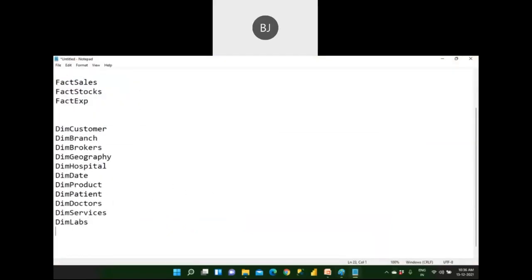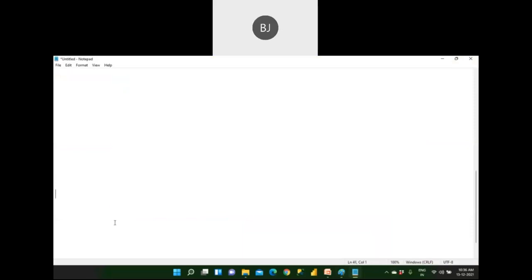Okay, so all the dimension tables. I'm talking about dim date. We have year-wise data. After that, semester level data, quarter level data, then after quarter, month level data. After the month, week level data, then after week, day level data.